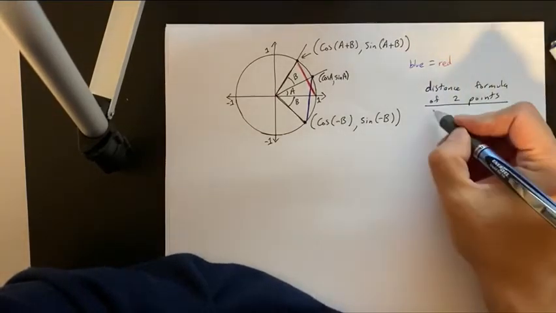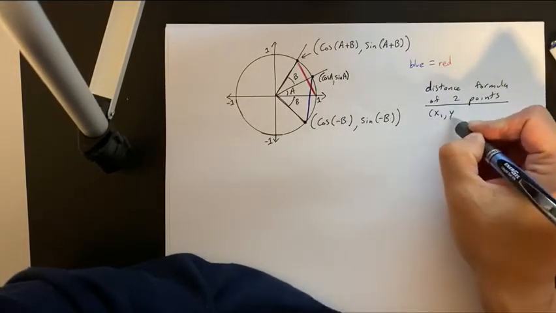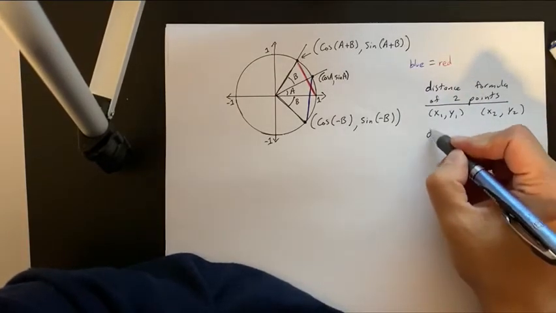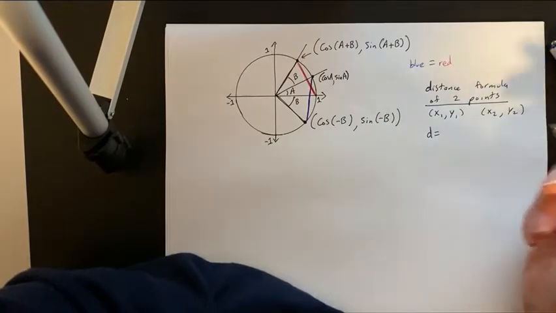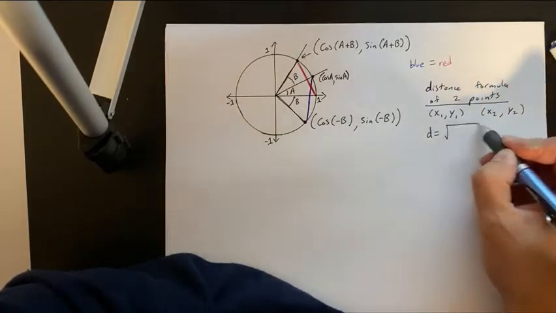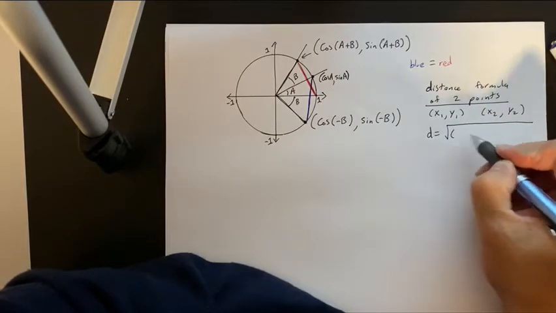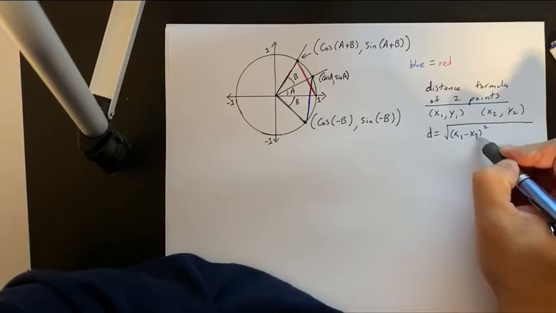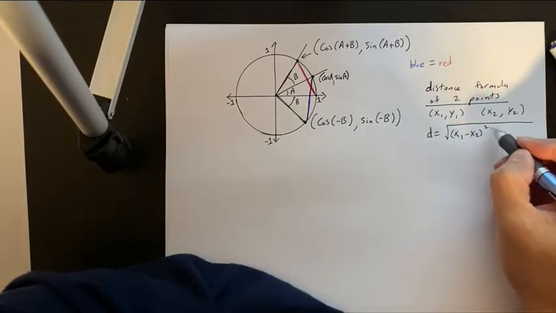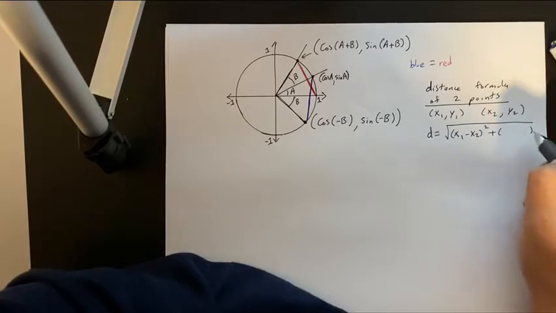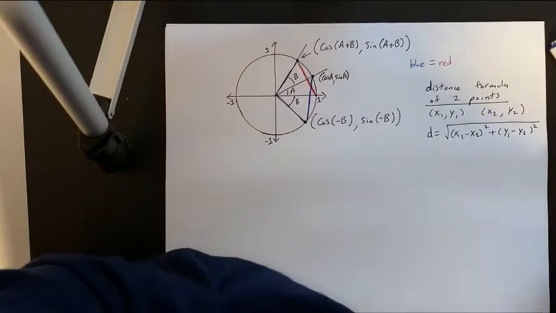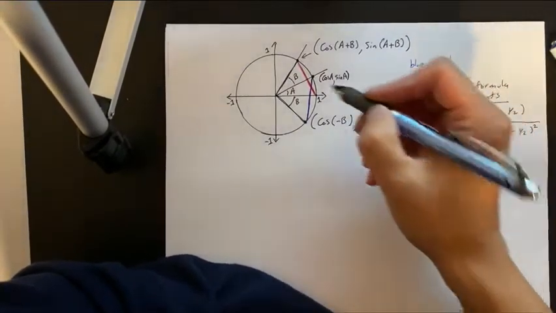Given the first point x1, y1, and the second point x2, y2, the distance is going to be the square root of the difference of the x's. So it'll be x1 minus x2. It doesn't really matter which one comes first because you're going to square it anyways. And next will be y1 minus y2, and that'll be squared. Okay, so that's the distance formula from two points.